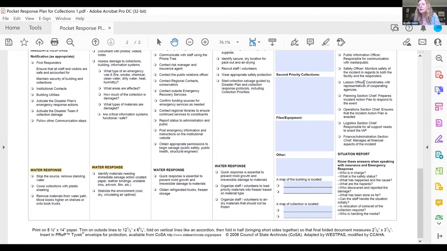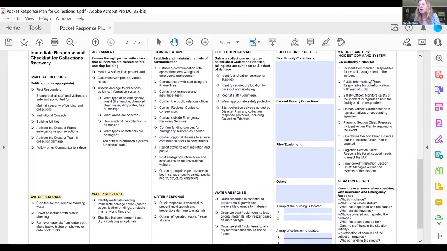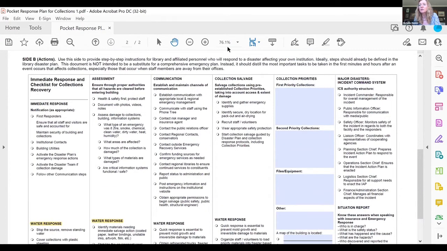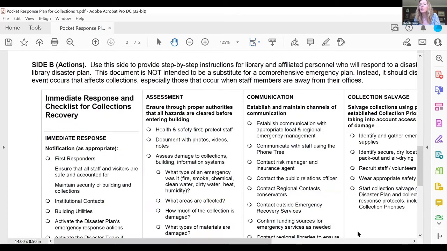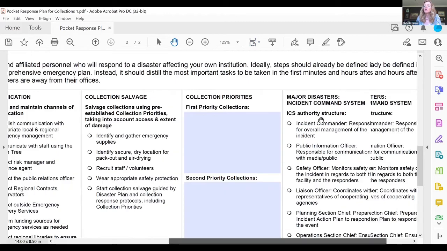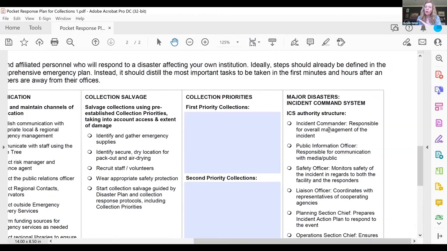Okay, and then here is your major disaster incident and command systems. Let me just make that a bit bigger. I should have made it bigger. So who's responsible for overall management of the incident? The public information officer is responsible for communication with the media and public.